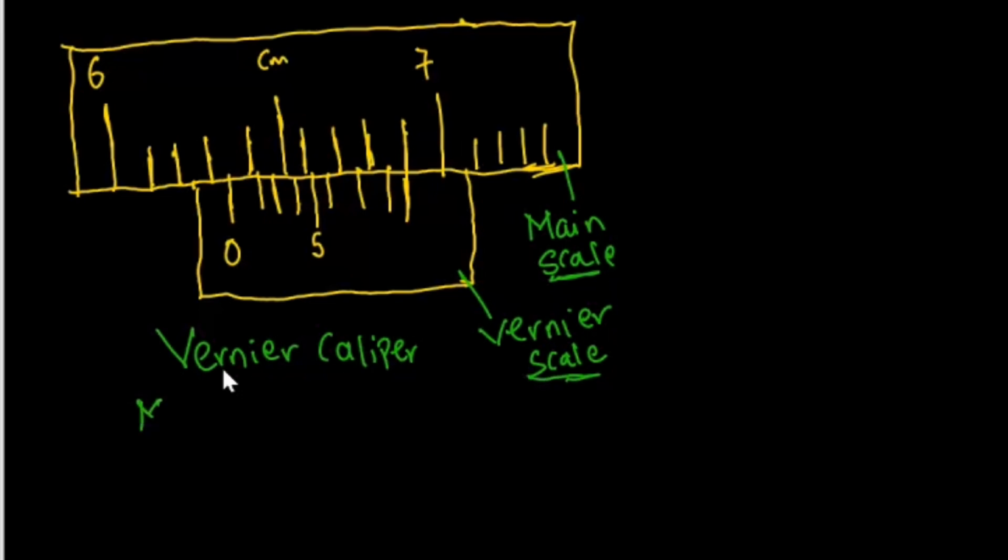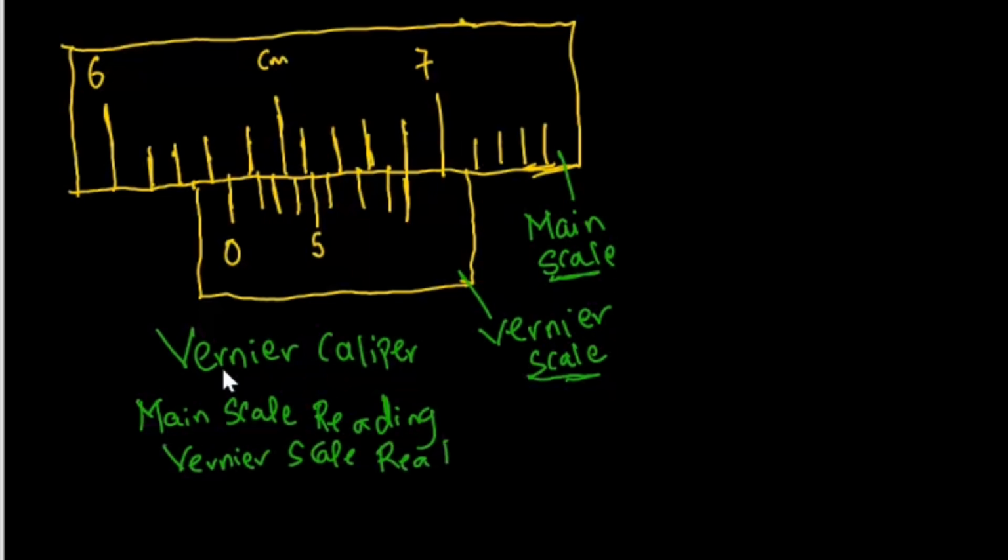So 2 things will give us our final answer. So we have to get our main scale reading, and then we'll look for our vernier scale reading. And how do we get these readings? Now I'll take you through this process.